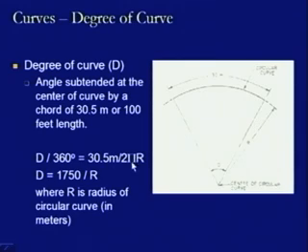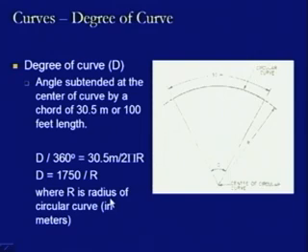The relationship can be found out in this form: the degree divided by the overall 360 degrees by which it moves is equal to the 30.5 meters divided by the overall circumference when we move by 360 degrees. So, overall circumference will be 2 pi r. So, with this one we get D = 1750/R, where R is the radius of the circular curve in meters.